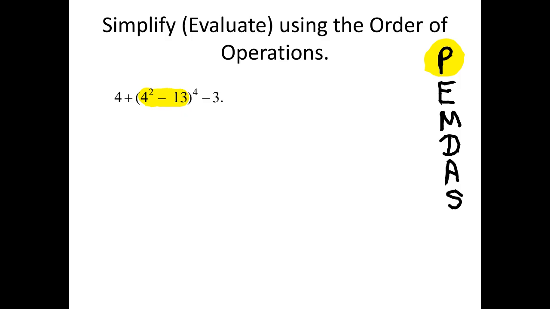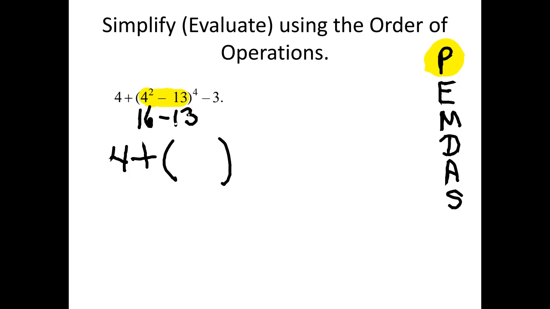This is going to be 16 minus 13, because that little 2 is telling me I'm multiplying 4 twice. So that means I have 4 plus. Now I still have to keep what's inside the parentheses together, but 16 minus 13 is the number 3.